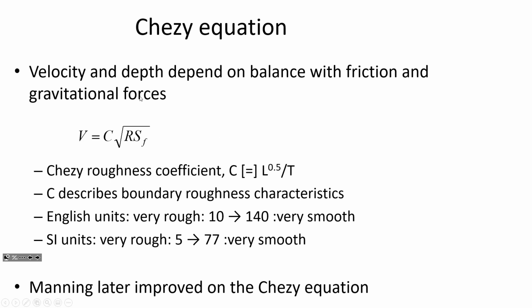And it's important to just understand the basics of this relationship, because although we don't use the Chezy equation any longer directly, because we have an improvement in the Manning's equation, the same foundational ideas are there: that the conduit shape, the slope of the energy grade line, and some factor that characterizes the roughness can be used to give you the velocity of flow.